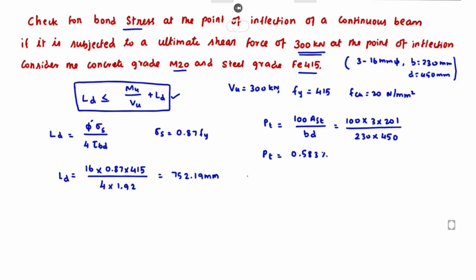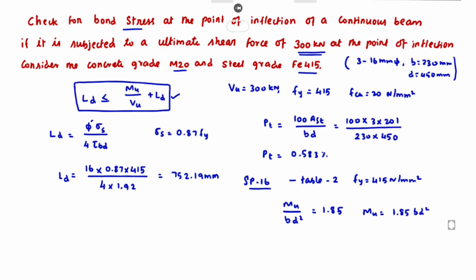Now we refer to the SP16 code book, the reinforced concrete elements code book. In SP16 Table 2, for Fy equal to 415 Newton per mm square, the corresponding pt is 0.584 percent, and Mu divided by bd square is 1.85. So Mu equal to 1.85 bd square, that is 1.85 into b, which is 230, into d square, 450 square.